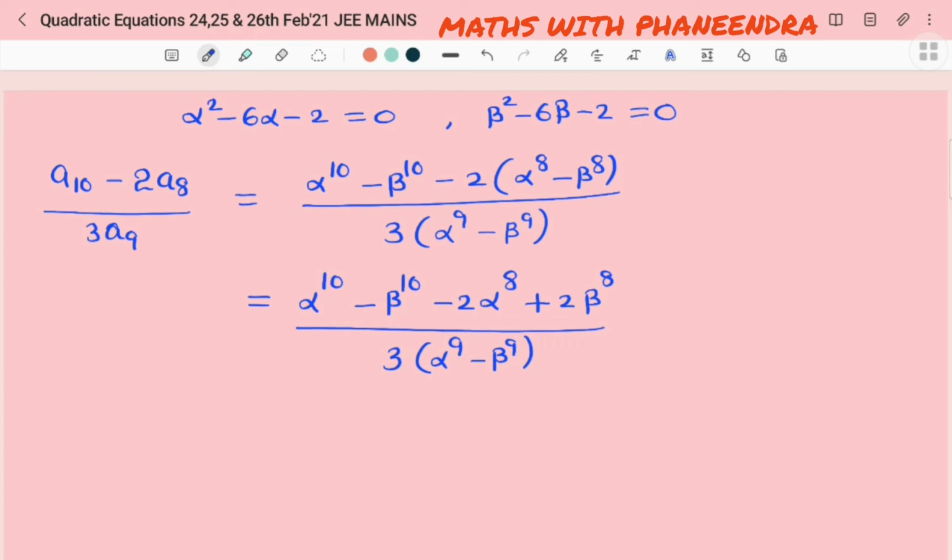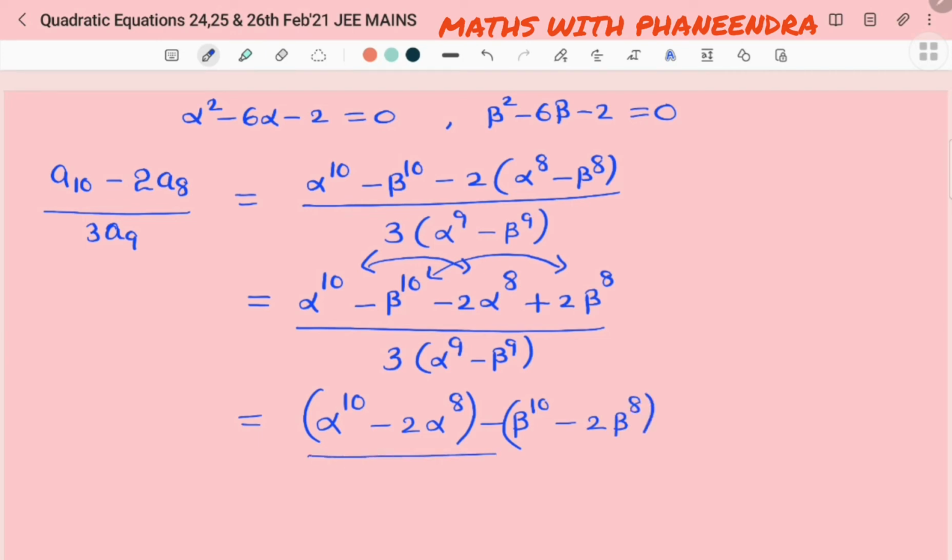Now what we are doing is alpha terms one side, so alpha power 10 minus 2 alpha power 8, minus beta power 10 minus 2 beta power 8 (taking beta power 8 common from these two), by 3 times of alpha power 9 minus beta power 9.